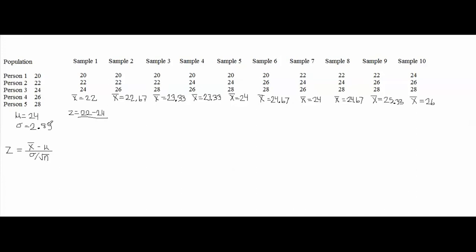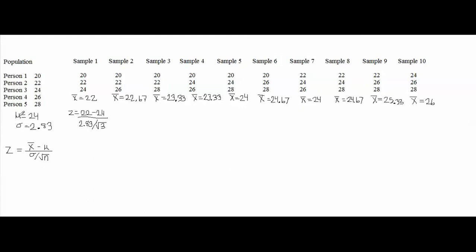We know that sigma, right here, which is the population standard deviation, is 2.83 because I already calculated that. And then we put this over the square root of n. N is the sample size. So in this case, the sample size is 3 because the sample has 3 people. N is just the number of people in the sample. So it's over the square root of 3. This will give us a z-score.